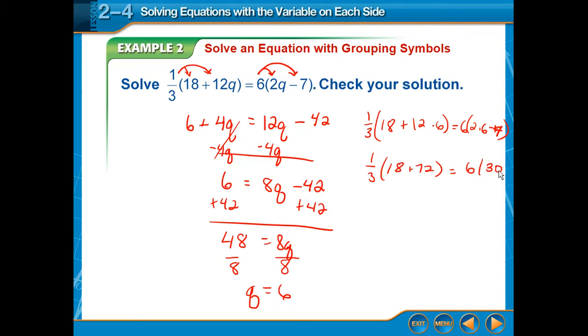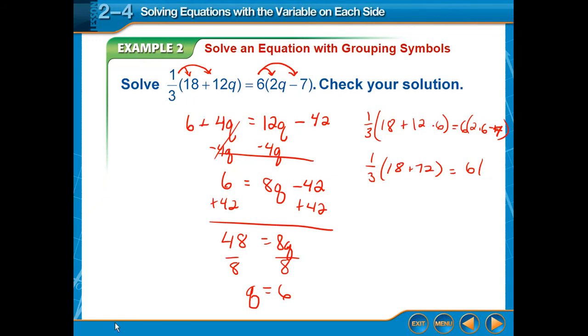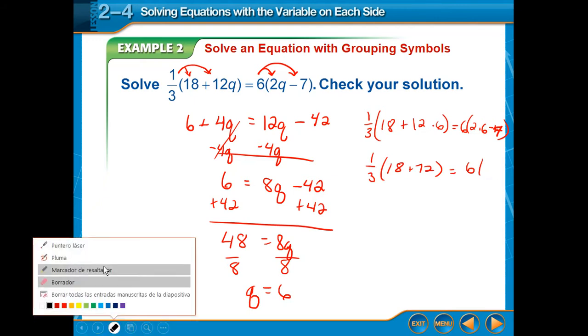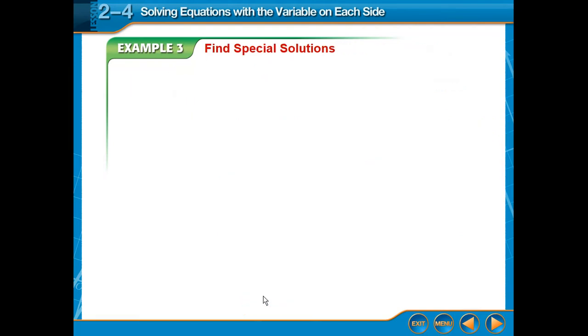So, oops, I'm thinking ahead, sorry. This is 5. Okay. So 18 plus 72 is 90. And 1/3 of that equals 6 times 5 is 30. 1/3 of 90 is 30. So I get 30 equals 30, and it works. So my answer is indeed q equals 6.